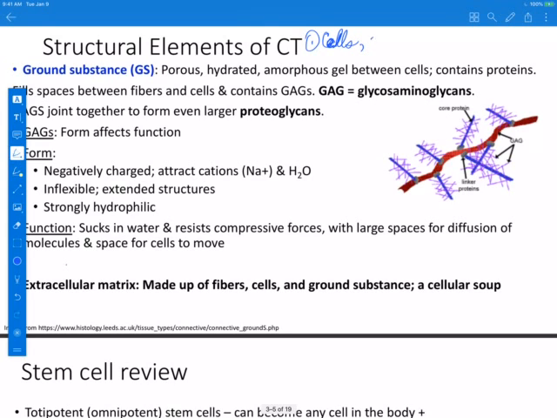The second major component would be ground substance, which I'll abbreviate as GS. And the third major component would be protein fibers.